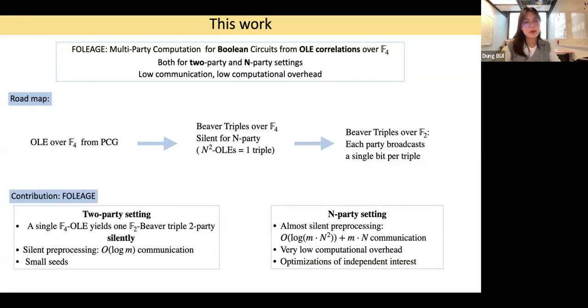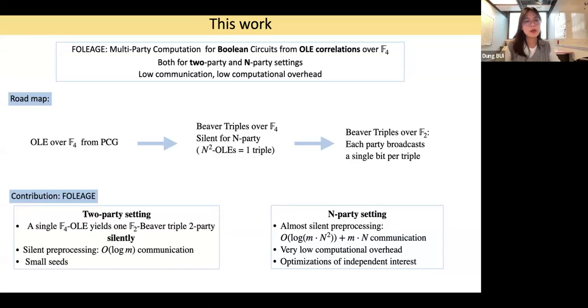So for the concrete contribution of FOLEAGE, FOLEAGE works for both the two-party setting and the multi-party setting. For the two-party setting, we have some more tricks that make it even better than what I already showed in the roadmap.